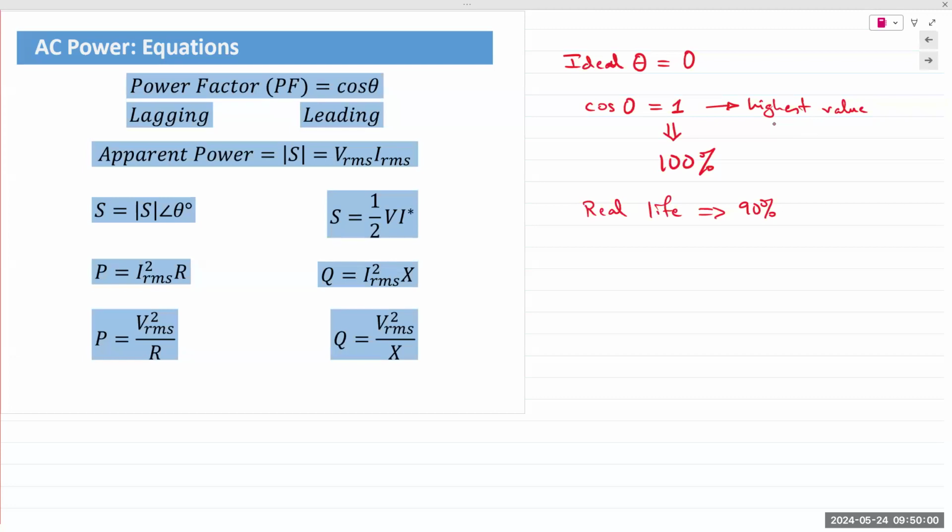Circuit breakers, oh, circuit breakers. Yes, so the question being asked is about circuit breakers. That could be one of the applications.